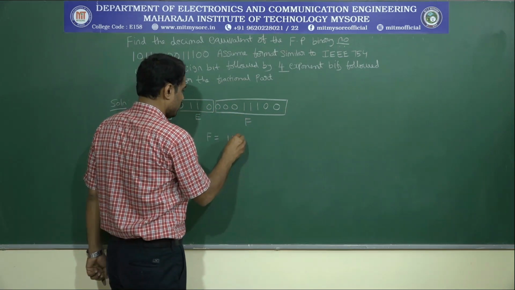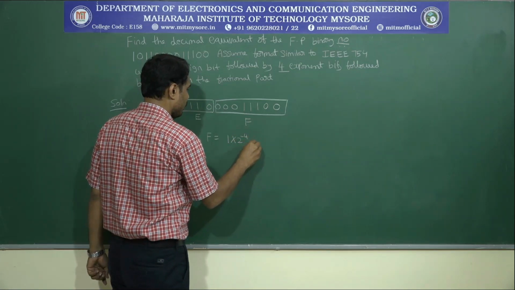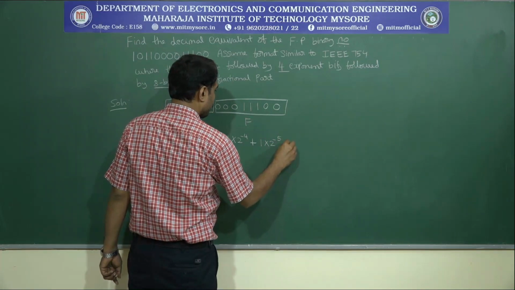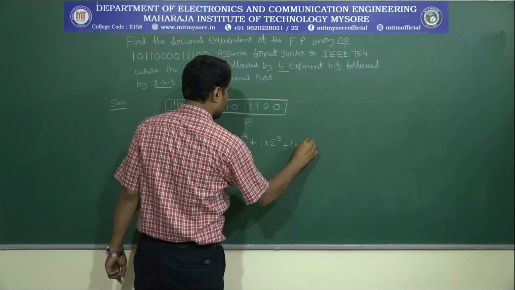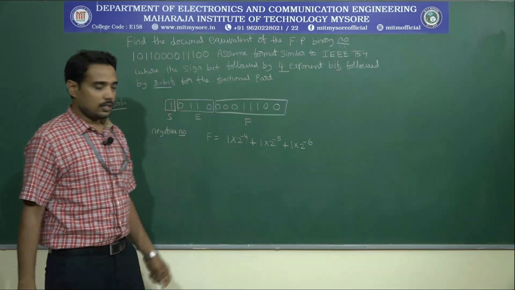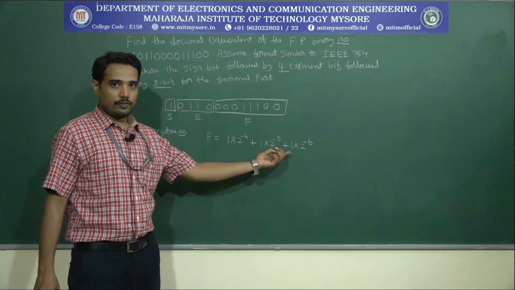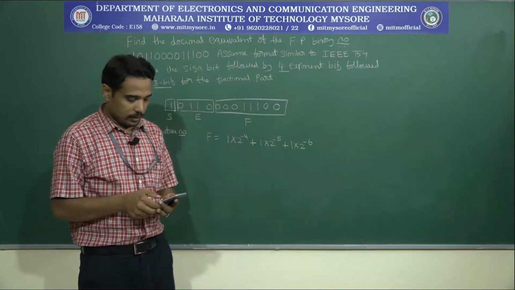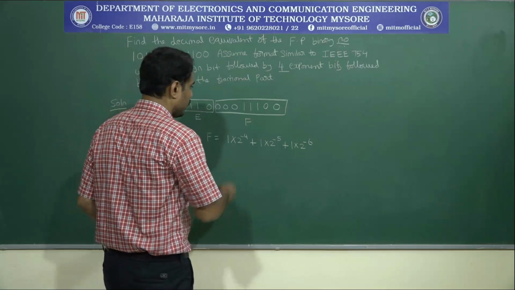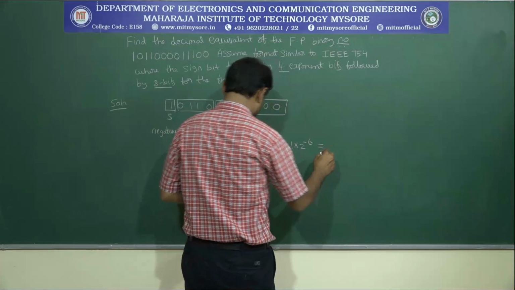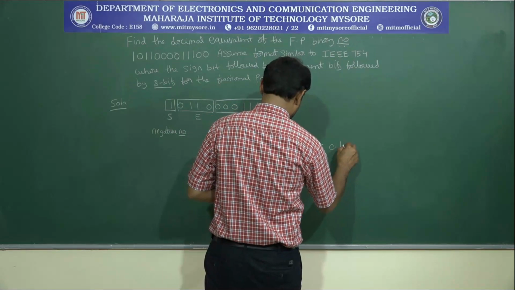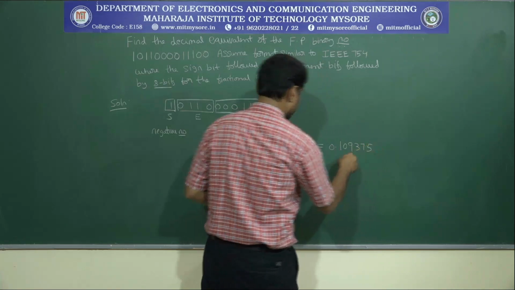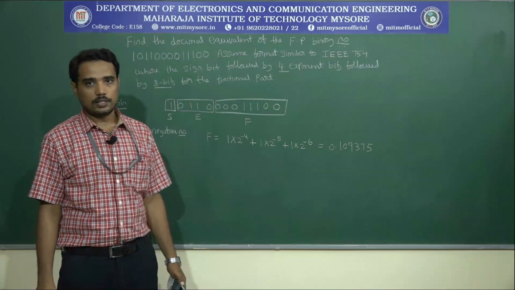That is 1 into 2 to the power minus 4 plus 1 into 2 to the power minus 5 plus 1 into 2 to the power minus 6. Let me compute the value using the calculator. We are going to get 0.10937. This is the value of F.